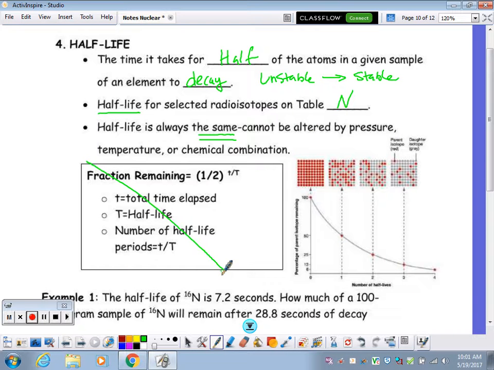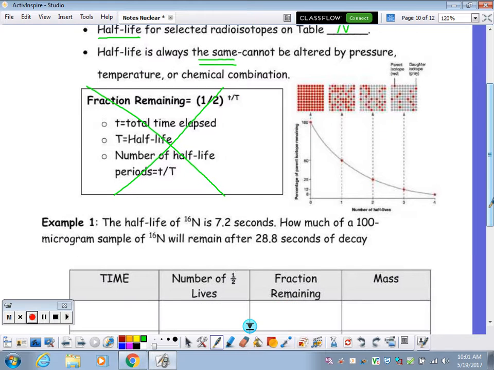We're going to cross this off because this is no longer on your reference tables, and we're just going to use a simple manipulation of how to solve half-life problems. One of the things I wanted to show you is that the half-life graph for any sample will always look exactly the same.